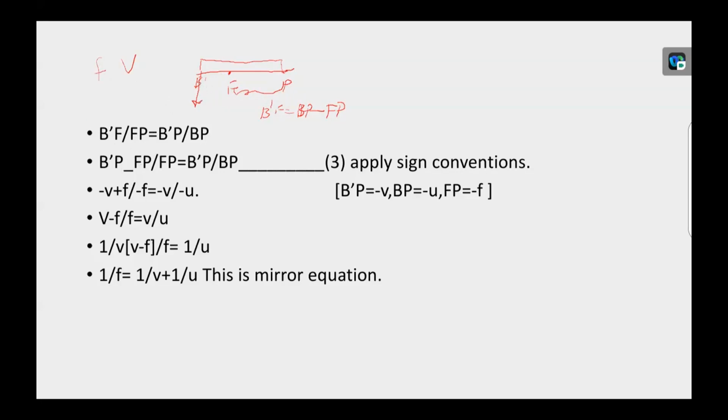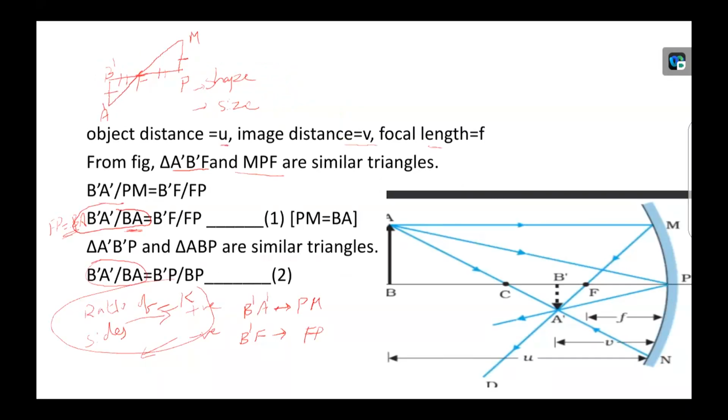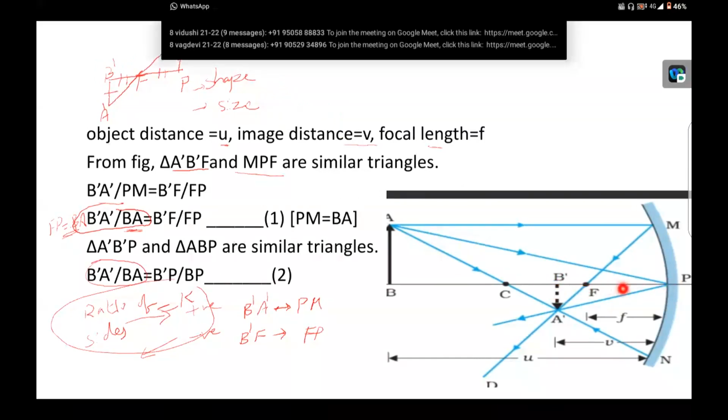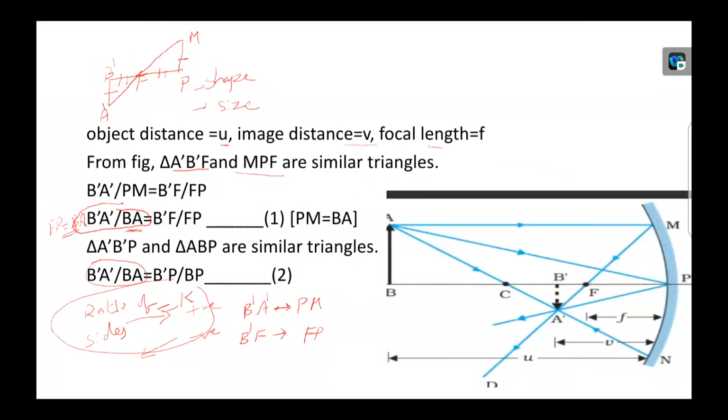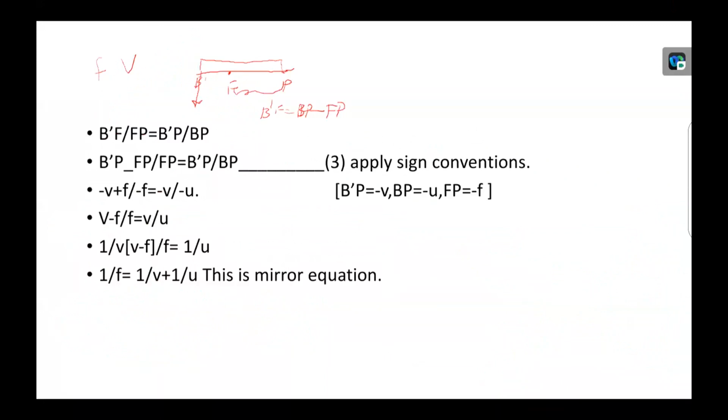In this diagram, if you observe, here we are going to have B dash F. This is the line we have drawn in the previous section. The next slide. This B dash F P. This same line here I had taken, and B dash P minus FP is equal to B dash F. That's why we have written in the third equation.